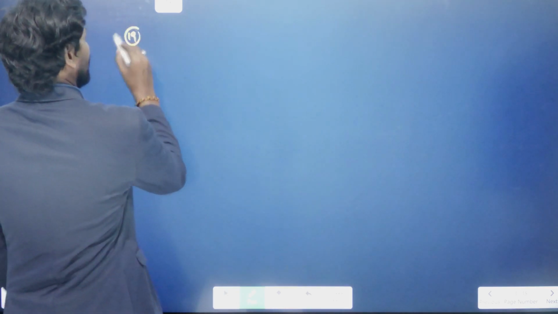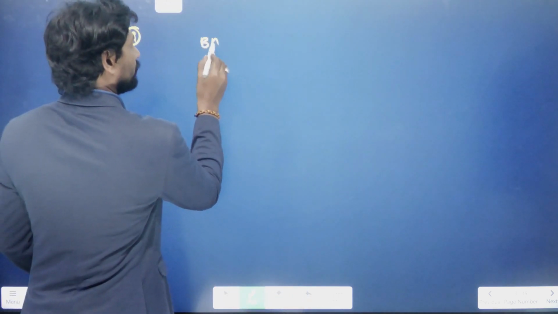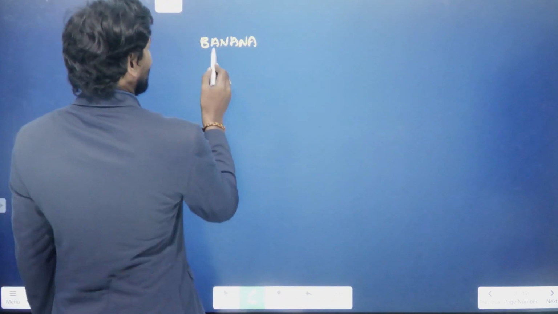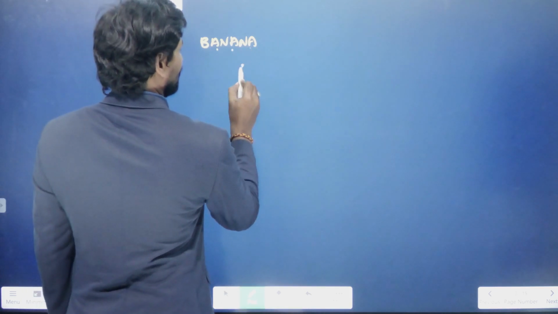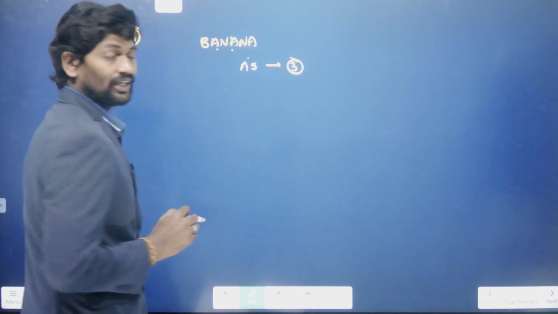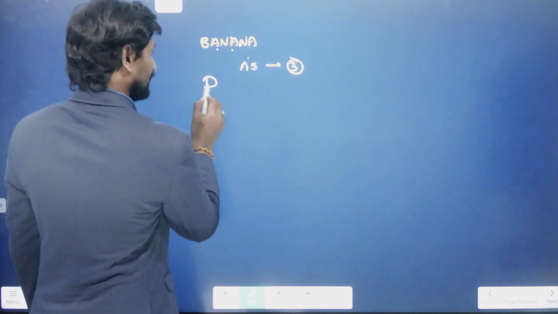Question number 19: in how many ways can the letters of the word banana be arranged so that all A's come together? Here how many A's are there? 1, 2, 3. There are 3 A's, and the total number of letters is 6, so the remaining letters are 3.